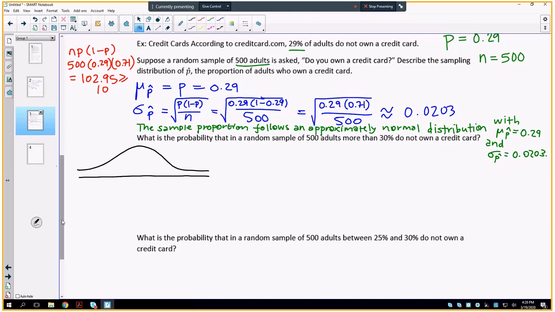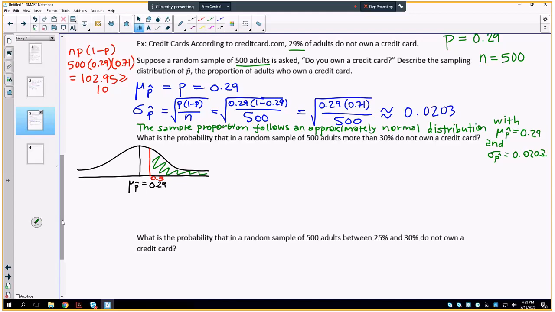Right in the center should be mu p hat, the mean of the sampling distribution of the proportion, and that's 0.29. So if 30% is 0.3, that's a little bit bigger than 0.29. I want to find the probability that more than 30%, so that should be this area to the right of 0.3. What is that area?